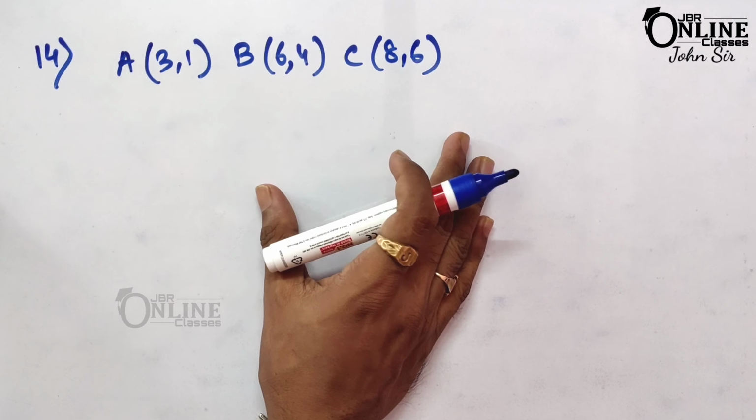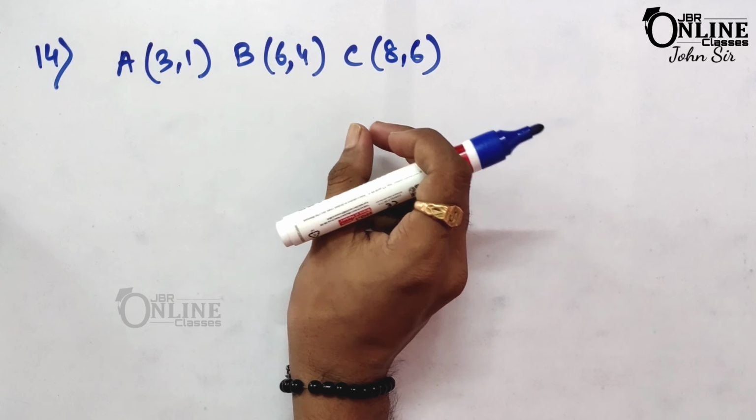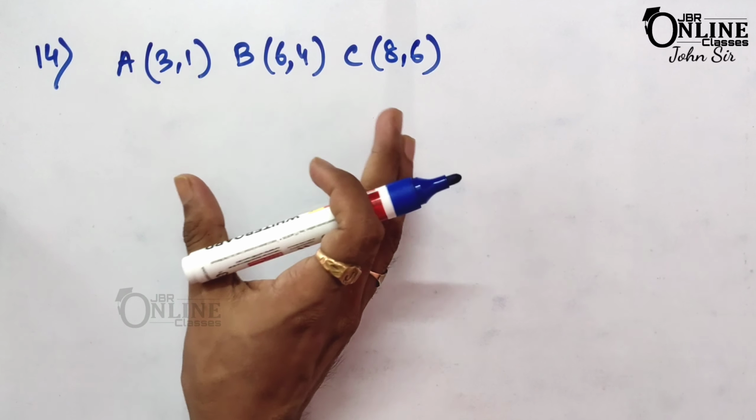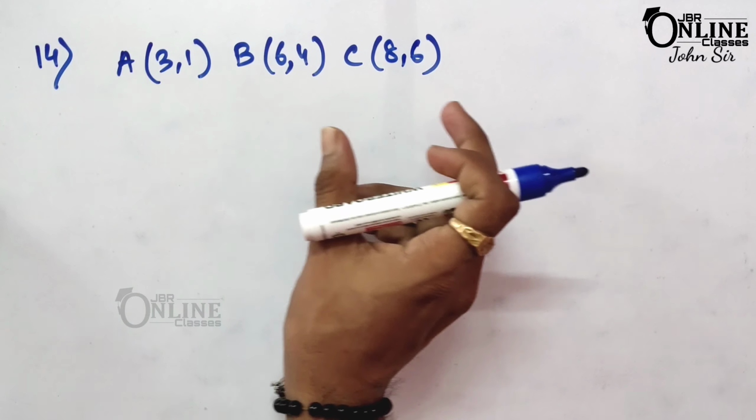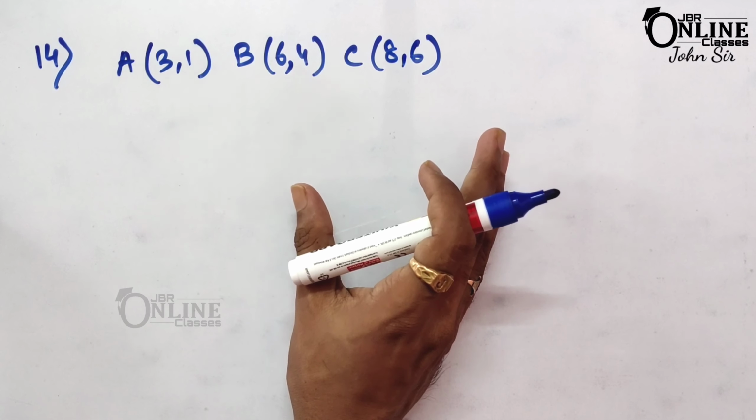So to show that these 3 points are collinear, you have to remember that if the sum of any two lengths is equal to the third length, then they will be collinear.